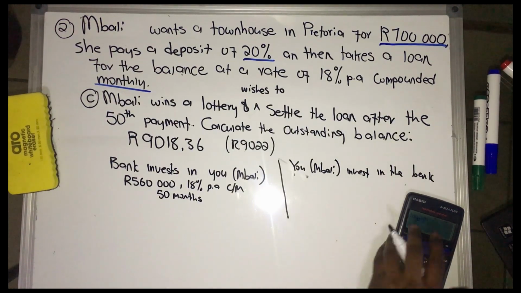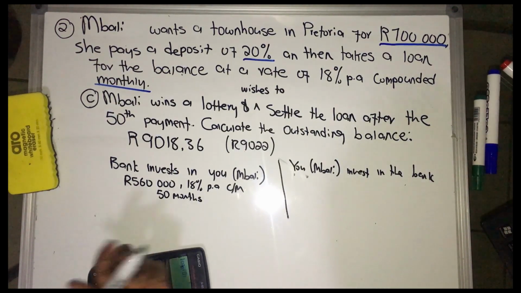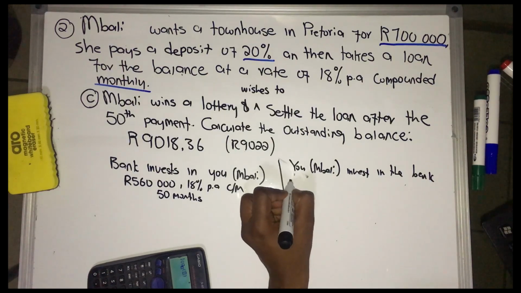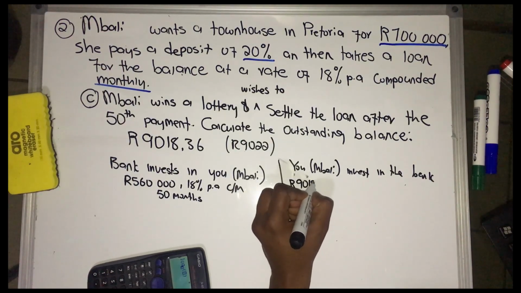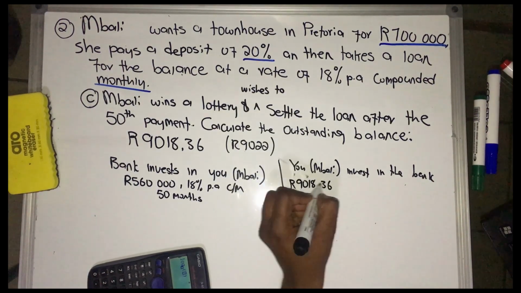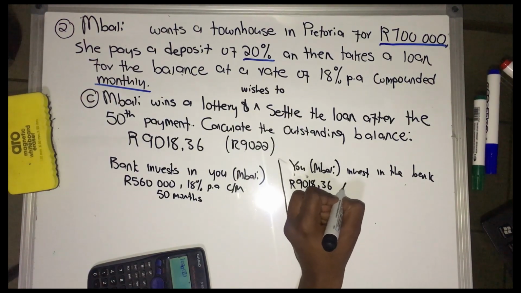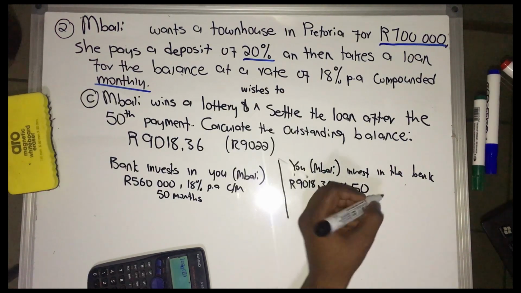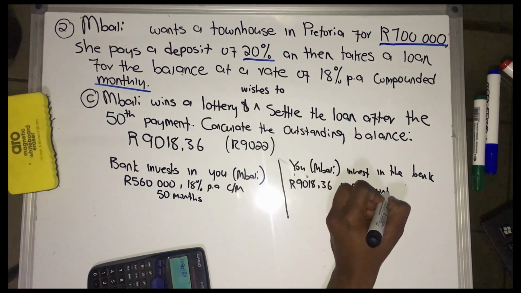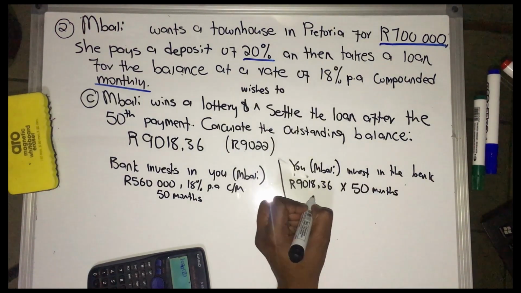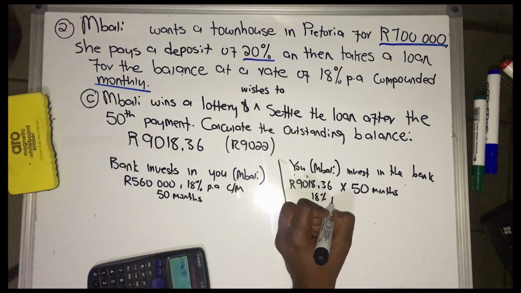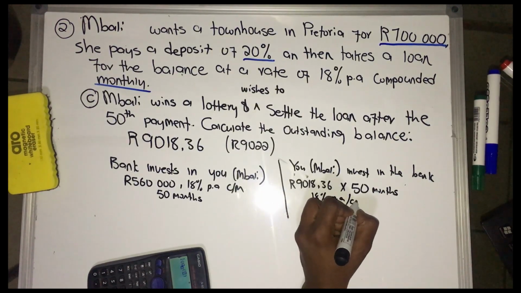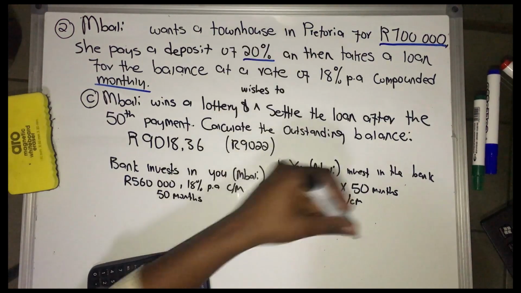But how much is she investing in the bank? That's 9,018.36 times 50. This is 50 times, or 50 months. At what interest? At 18% per annum, compounded monthly. Okay, so same interest rate.